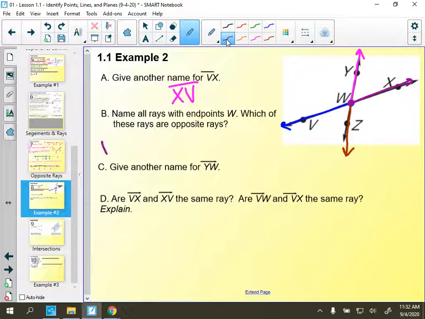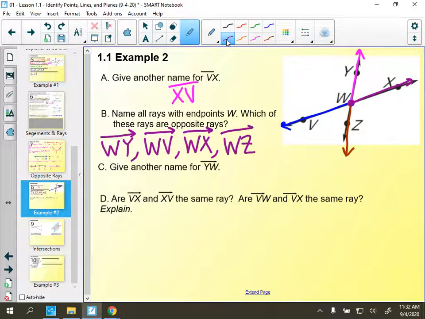So if I want to use my symbols correctly, I'm going to use ray WY. I'll just go in the order that I wrote them down. Ray WY, comma, ray WV, comma, ray WX, and ray WZ. Okay, so there ends up being 4 of these.